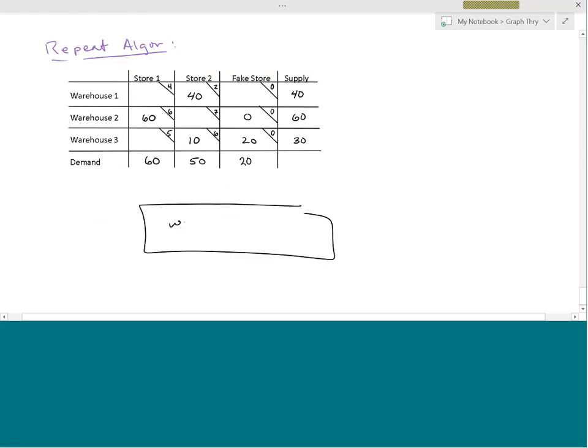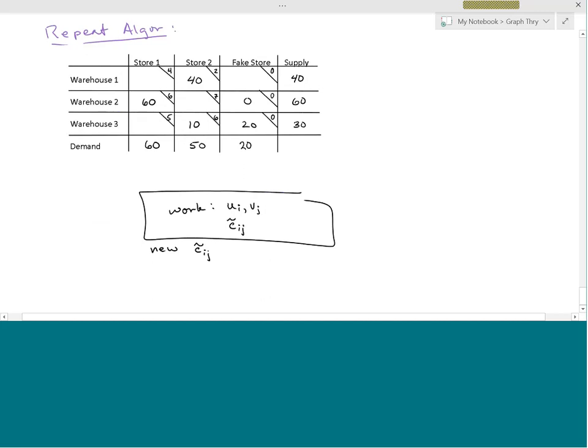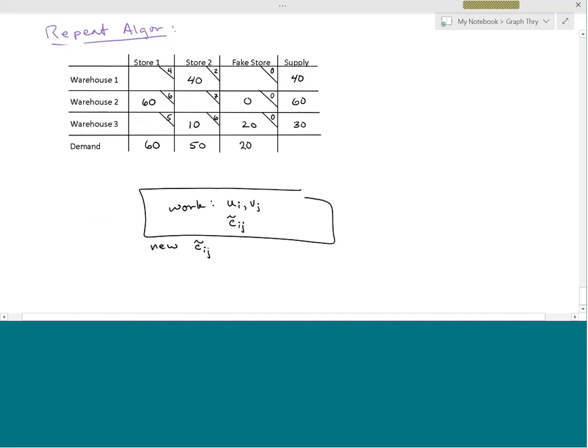We would recalculate all of the U and V's. We would recalculate all of the costs with the tildes. And what we would actually find is that our new edge, and I'll go and put in this information after we leave with each other, the new cell that we're going to put in here is actually going to turn out to be 3-1.